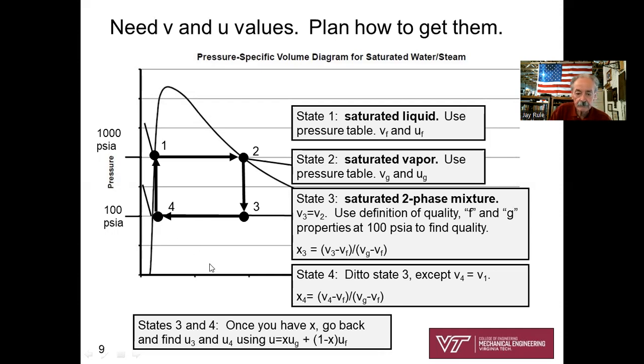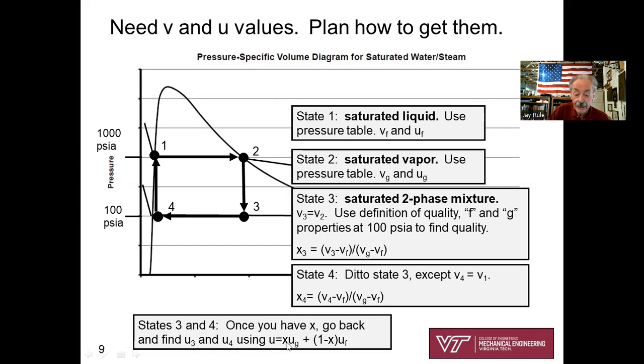Okay, so then let's see, remaining work before we move on to tabulating our results. States 3 and 4, we need to get little u. Once you have X3 and X4, go back and find U3 and U4 using your understanding of the definition of quality.